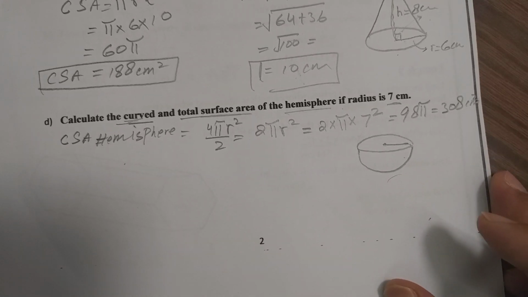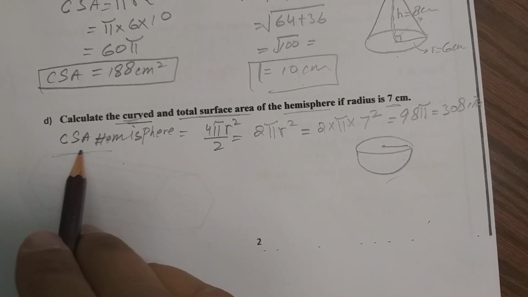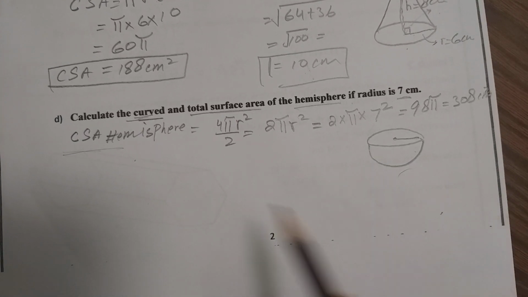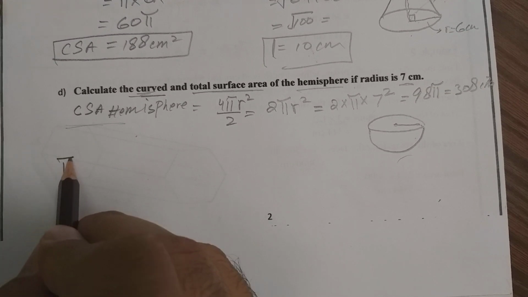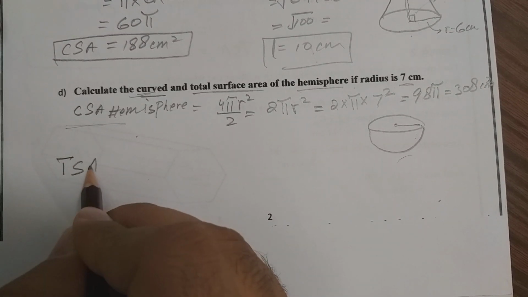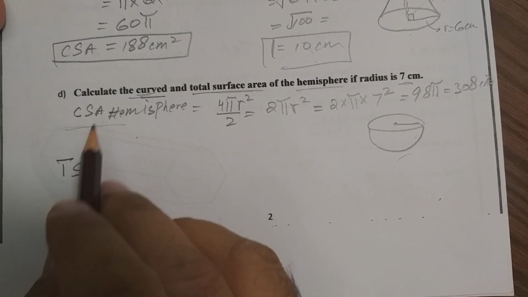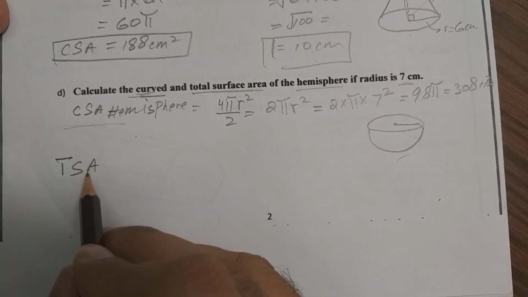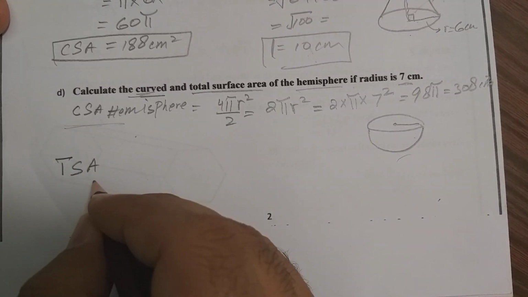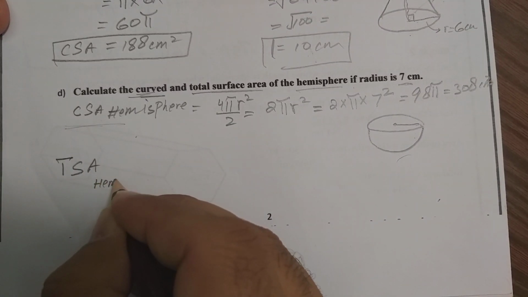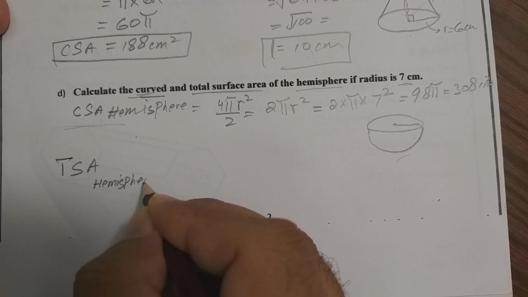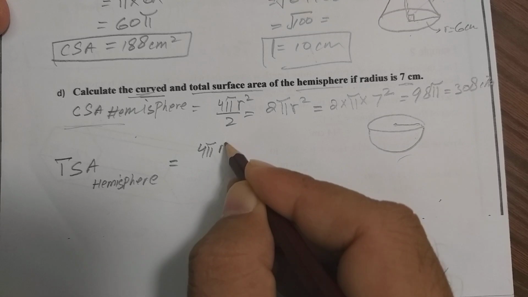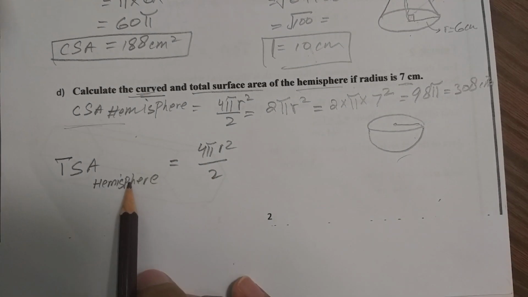This is the curved surface area of the hemisphere, but we need to find the total surface area. We know that the surface area of the sphere is 4 pi r square, but if it is a hemisphere, we divide by 2, because it's a curved part.